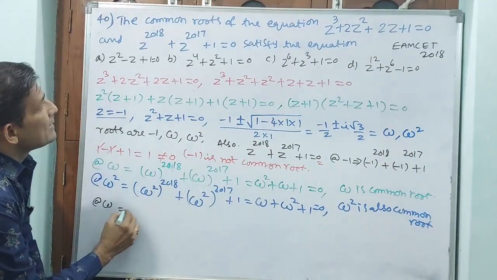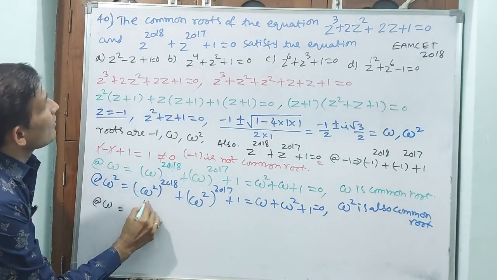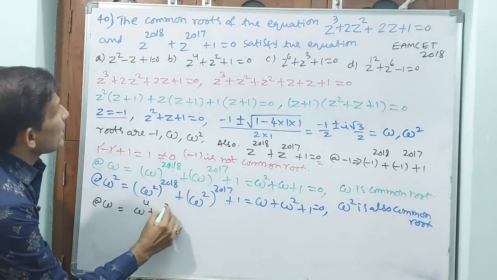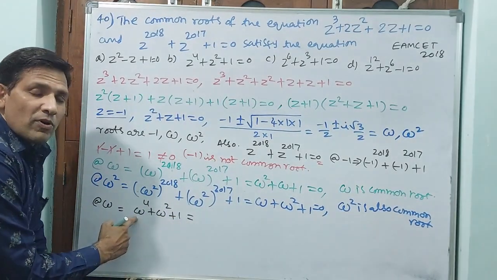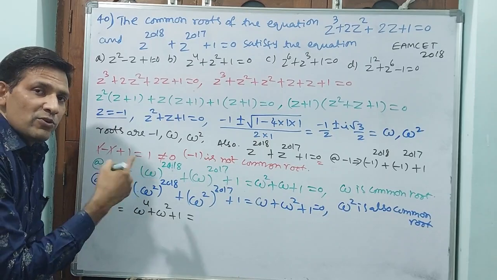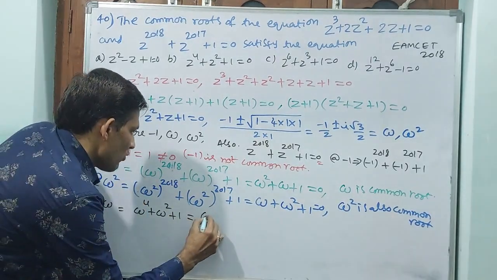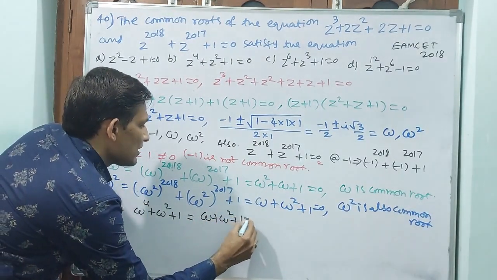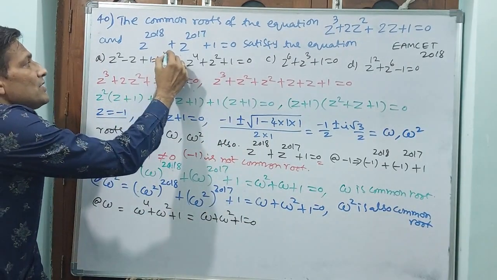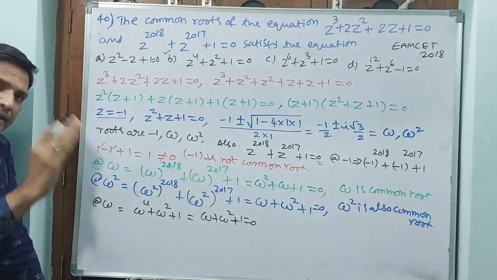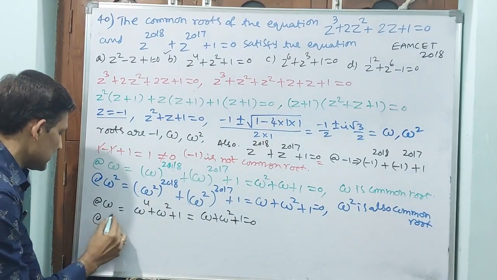At omega: omega to the power of 4 plus omega square plus 1. Omega to the power of 4 means omega power 3 into omega. Omega only will come. That means omega plus omega square plus 1 is equal to 0. 0 satisfied. This is the answer for omega. Let us go for omega square also.